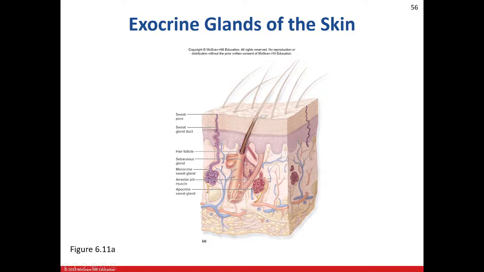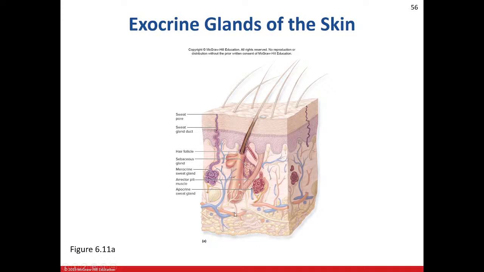I believe the ceruminous glands will as well. Mammary glands, however, have a vastly different structure, and so we'll cover that in the reproductive unit. And then lastly, you see the sebaceous glands here, which are also associated with hair follicles, and they produce that oily sebum that travels up to the skin surface through the hair follicle.